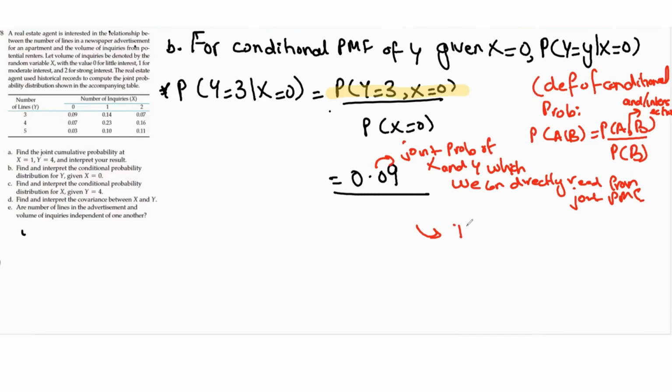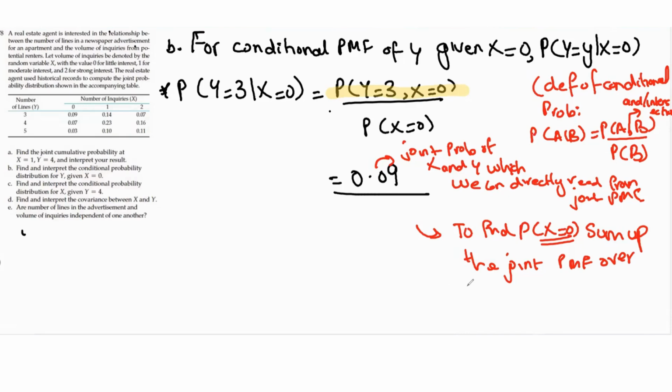To find the probability X is 0, remember we said we can use a joint PMF to find any probability concerning X and Y by summing up the joint PMF over those values of X and Y. So to find the probability X is equal to 0, sum up the joint PMF over all those values where X is 0, regardless of what Y is.